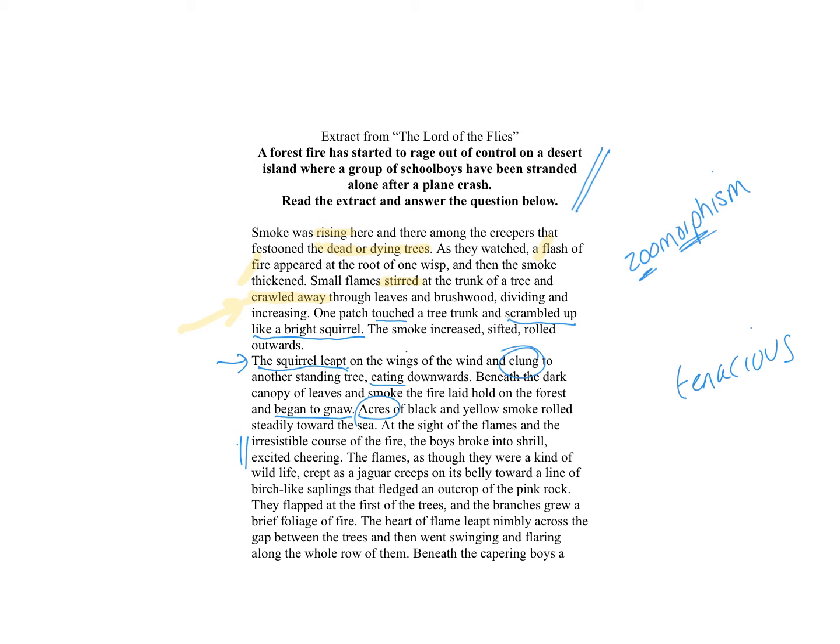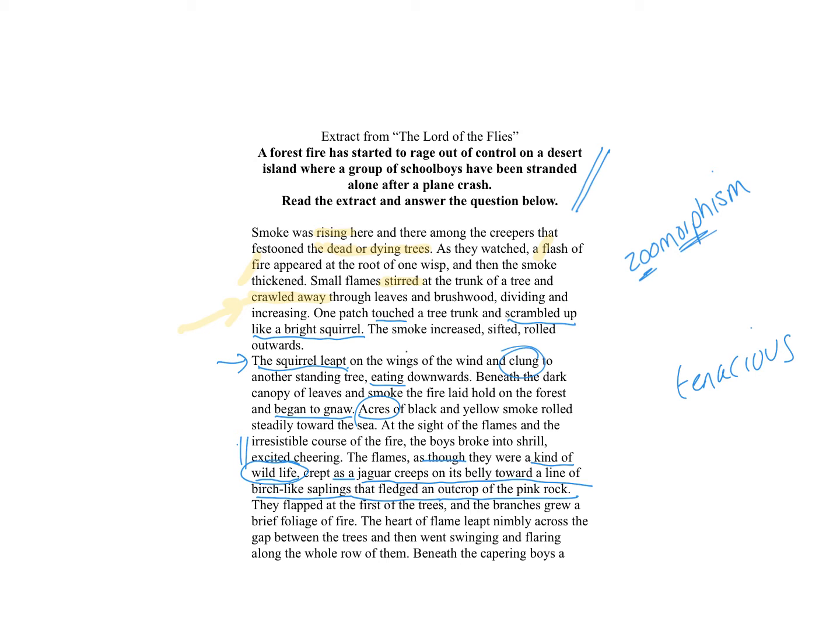Okay? The flames begin to become part of the jungle, as though, so this simile, crept, as another simile, as a jaguar creeps on its belly toward a line of birch-like saplings that fledged an outcrop of the pink rock. Okay, there's loads in there to talk about. The fire is presented as wildlife. That could mean that it's dangerous, but it's also natural.